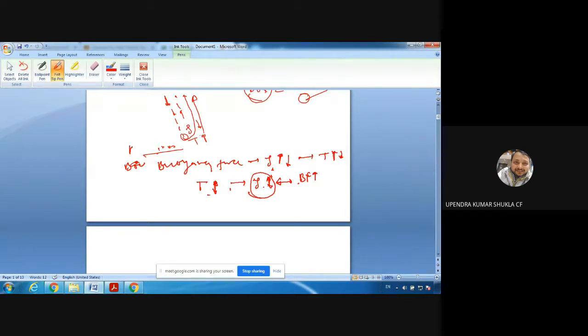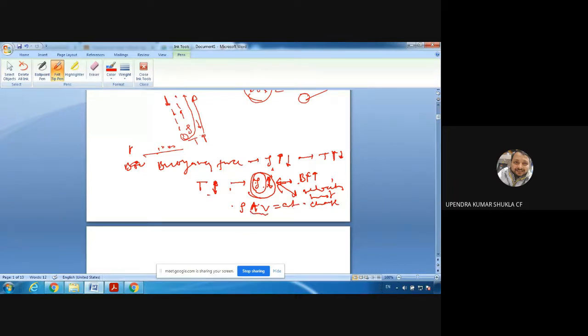Now, one more effect of density variation is that velocity must change. Why? Because from fluid mechanics, you know that to conserve mass flow rate, if density is varying, then velocity must change, because of mass conservation. Rho A V is equal to constant.